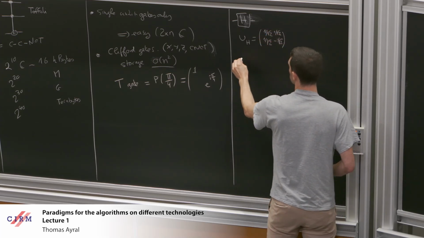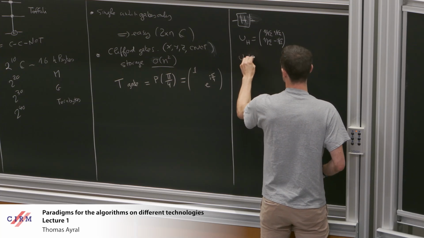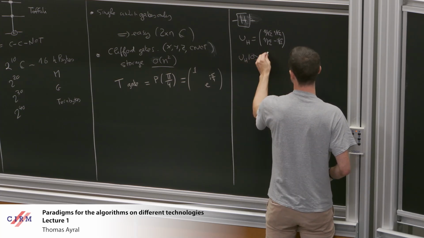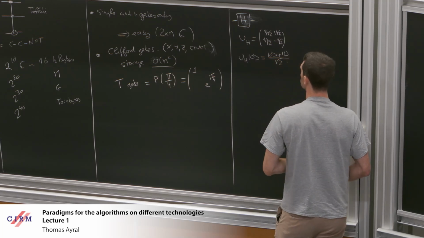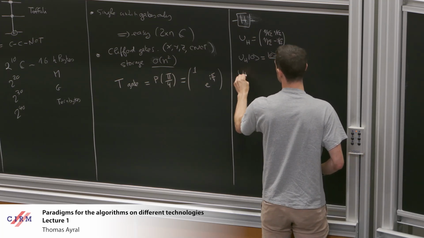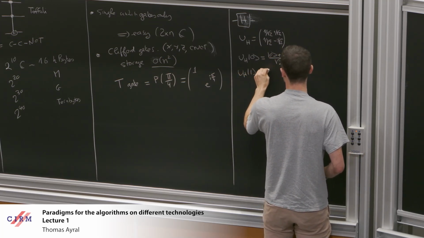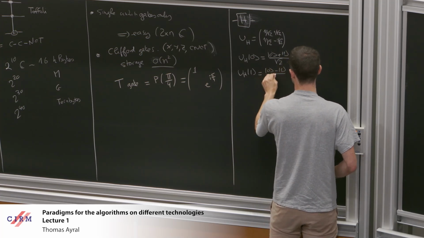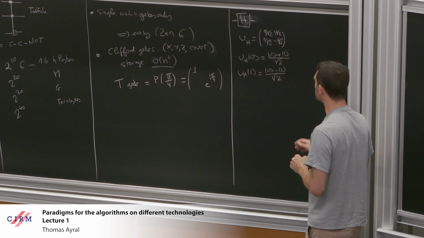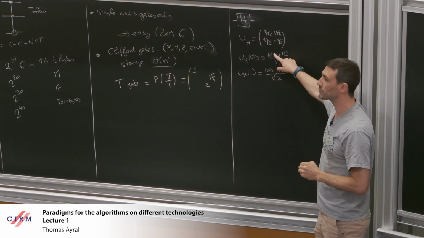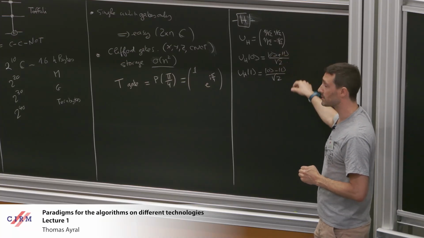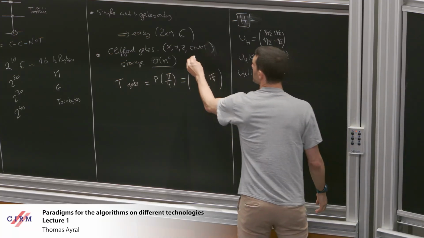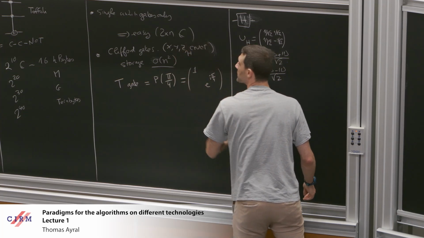So in other words, if I apply UH on state 0, I get 0 plus 1 over square root 2. And if I apply it to 1, I get 0 minus 1 over square root 2. You see it's an important gate because it creates a superposition state, which is something you couldn't do on a classical computer. And by the way, Hadamard is also part of the Clifford gate set.